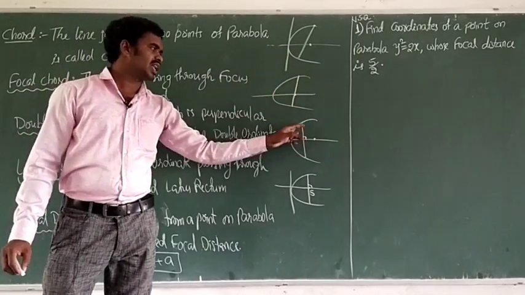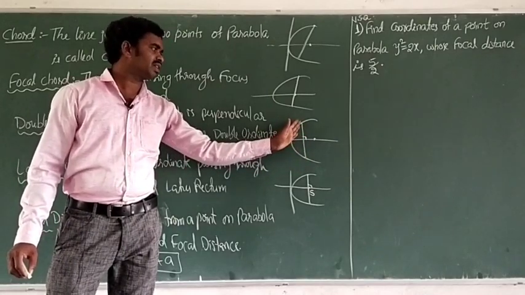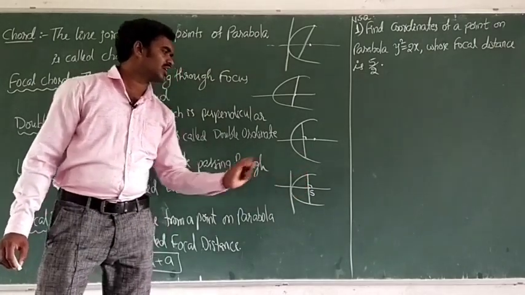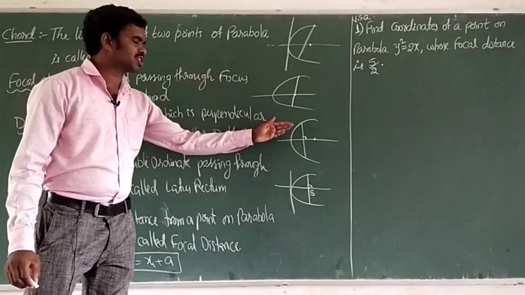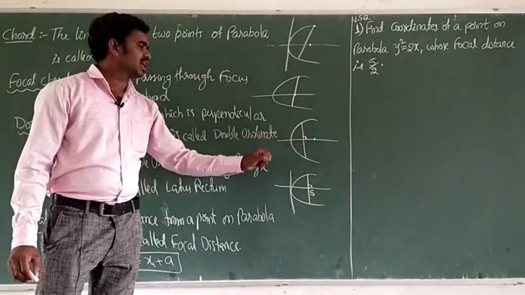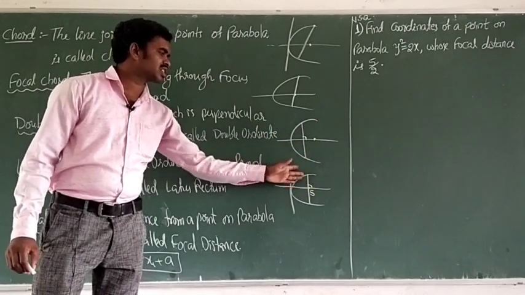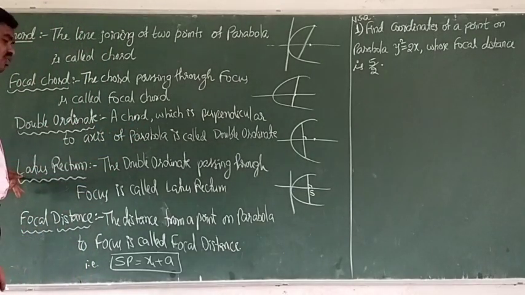This is the latus rectum because it is perpendicular to the axis and passes through the focus. Sorry, double ordinate means perpendicular to the axis. Whenever this double ordinate passes through the focus, that is called the latus rectum.